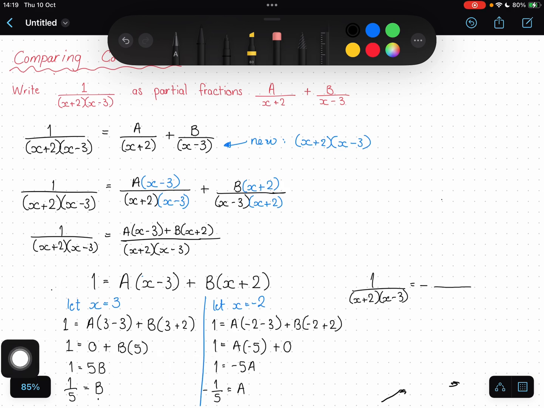The 1 is on the numerator, the 5 is on the denominator, and then we still have the x plus 2. And then for the b, we have a plus 1/5. So plus, we have 1 on the numerator, 5 on the denominator, and then my x minus 3.